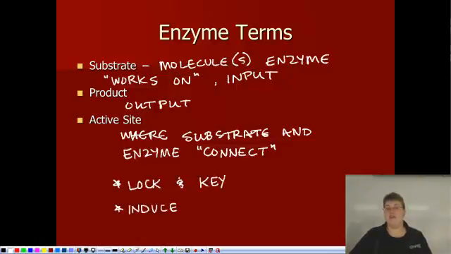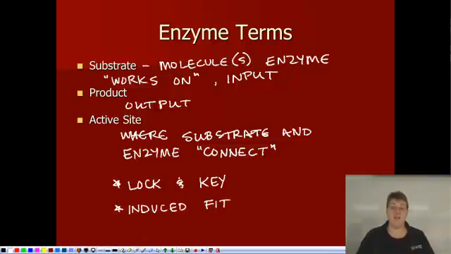Because of that kind of thought process, there's been an explanation for how enzymes fit with their substrates called the lock and key theory, where the enzyme's the lock and the substrate's the key, and every chemical corner has to fit just right, or the key and the lock can't work together.